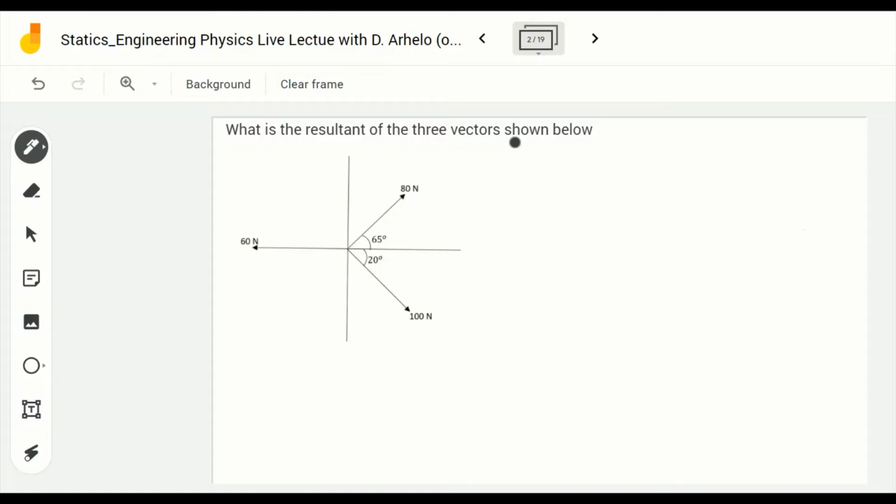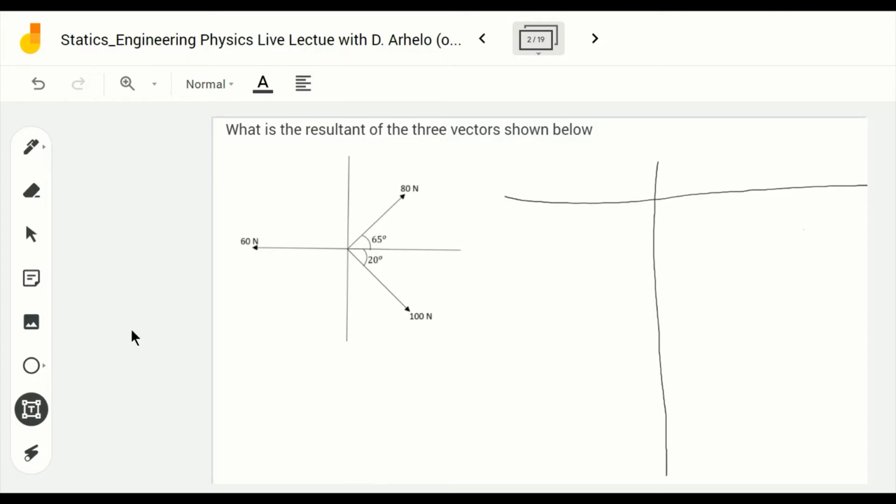Hello. Alright, I will show us how to solve this question. The first thing I do, I draw a table. Now right here is my vertical component, and right here is my horizontal component.